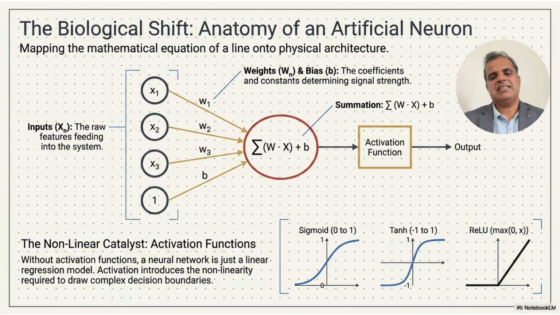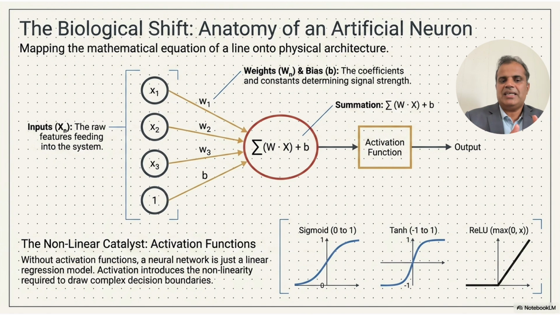Now let's transition into deep learning by examining the biological shift, the anatomy of an artificial neuron. This architecture maps the mathematical equation of a simple line directly onto a physical processing node. Raw text features feed into the system as inputs denoted as x1, x2, x3.